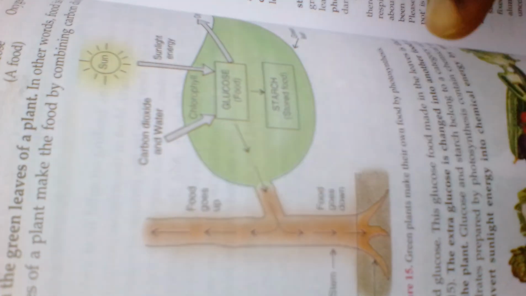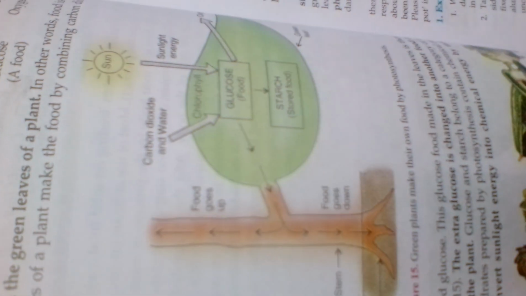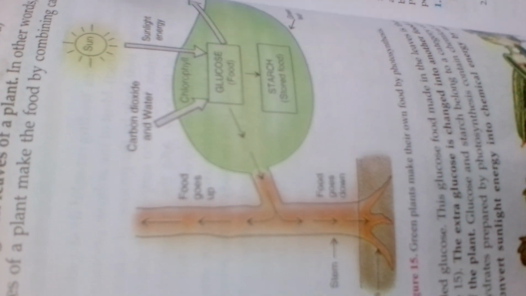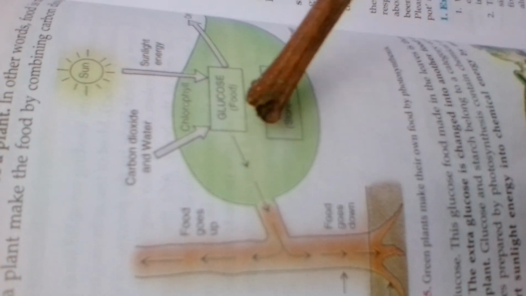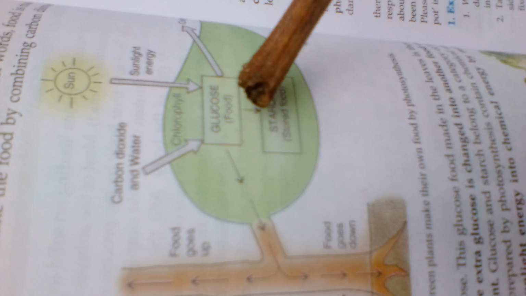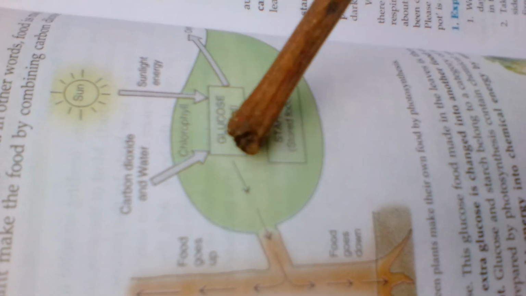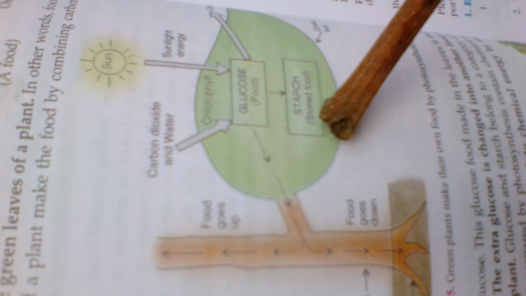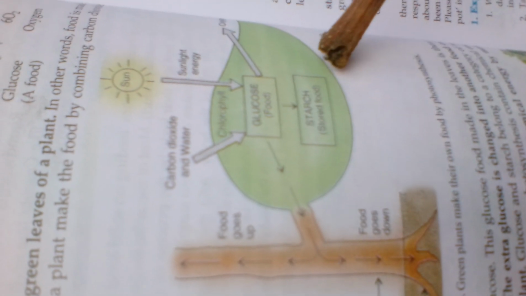So look at the picture. It shows how the solar energy is trapped and the glucose molecule is stored, and when a large amount of glucose molecules are stored, they are transformed into starch.